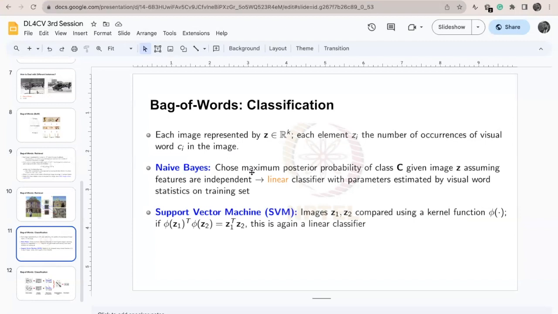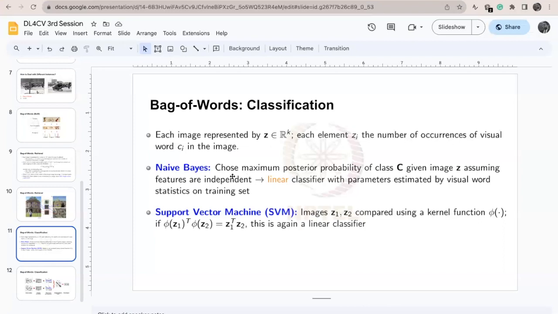As I said, each image will be represented by a vector g, and each element in the vector represents a visual word, and its value will be the weight of that visual word times the number of occurrences of that visual word in the image. So that's how we got g.